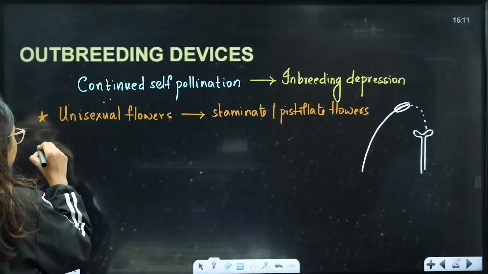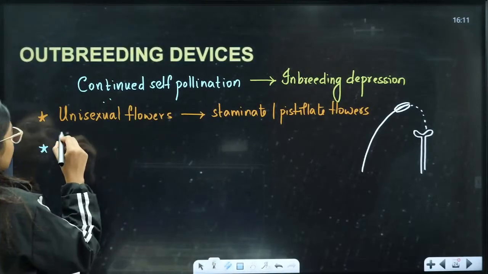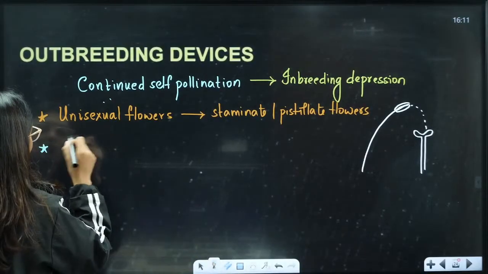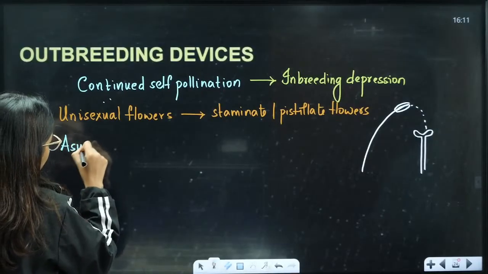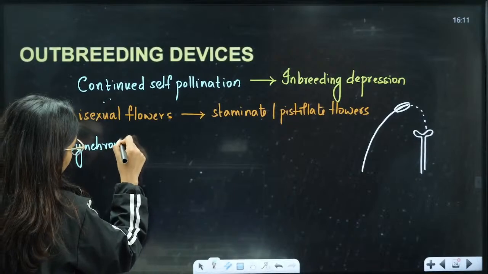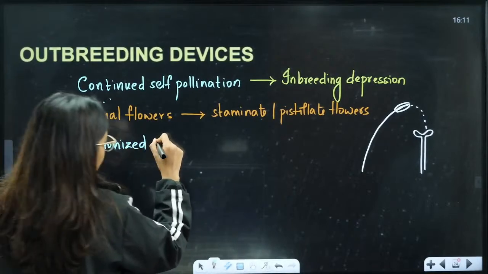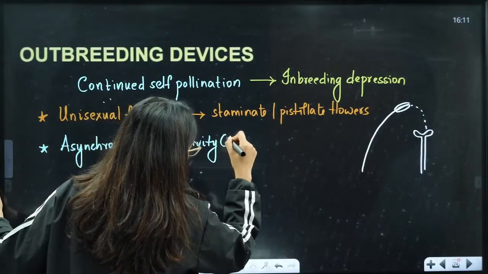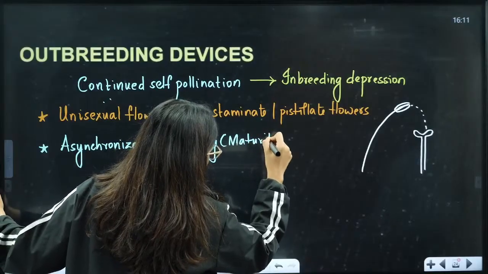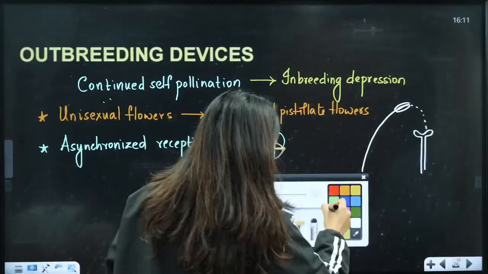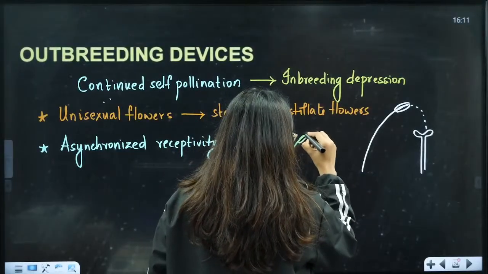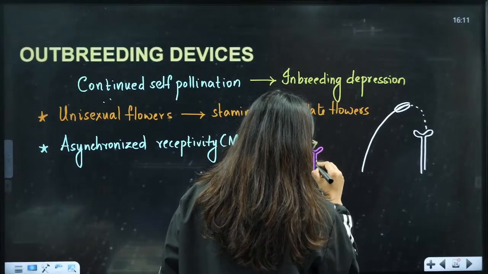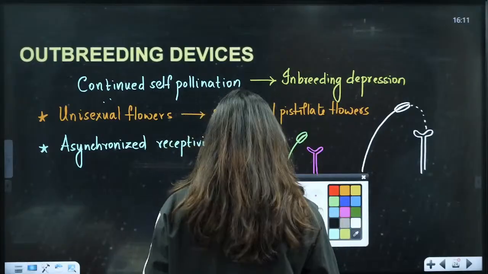Okay, the second one, students, is changing the receptivity, or we can even say maturity, asynchronized receptivity or maturity. What happens is simple, look here. The stigma is there.